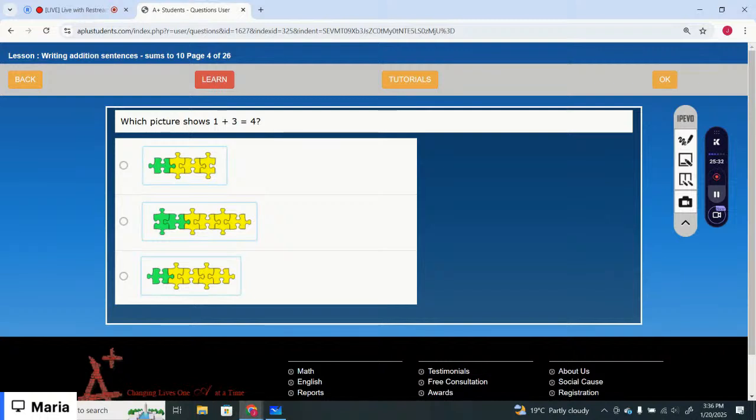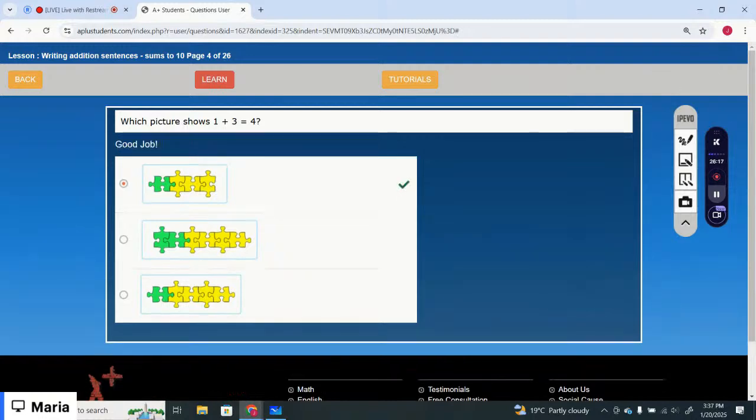Which picture shows 1 plus 3 equals 4? That is option number 1. 1 green and 3 yellow makes 4, so 1 plus 3 equals 4.